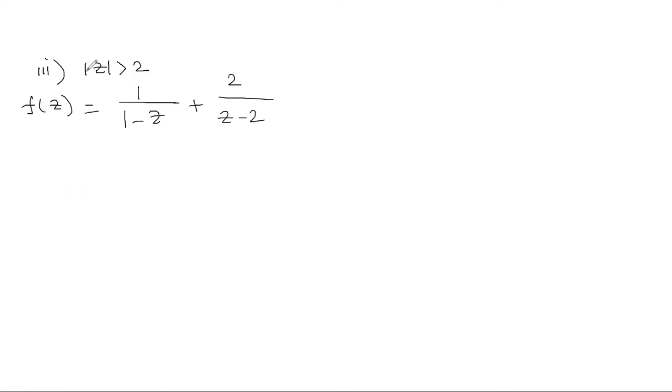So we have to utilize this information, that is mod z is strictly greater than 2. So we can write this as 2 by mod z strictly less than 1. So we have to make it 2 by z strictly less than 1.